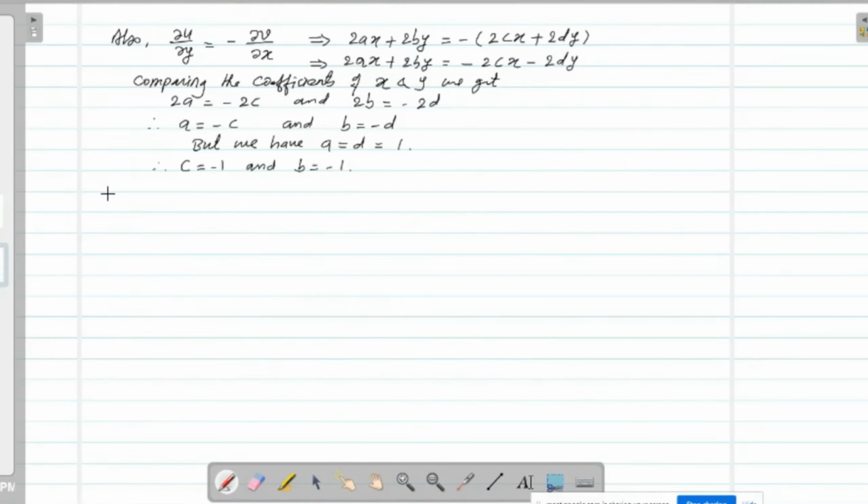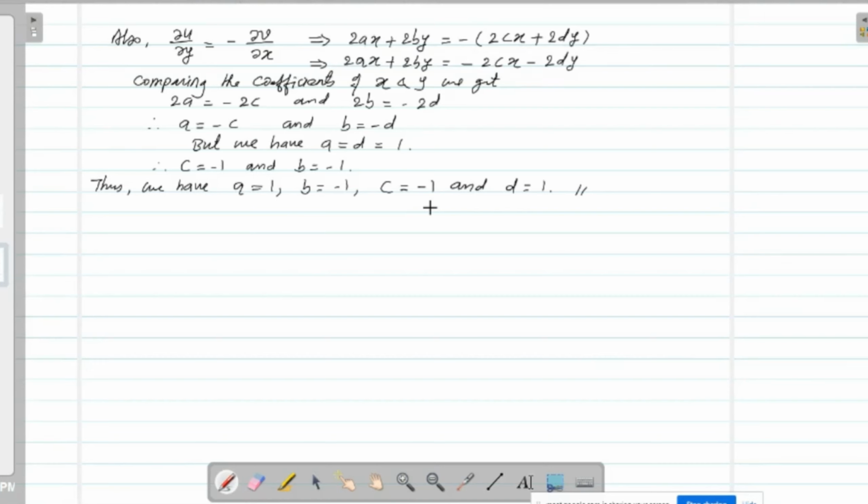Thus we have a equal to 1, b equal to minus 1, c equal to minus 1, and d equal to 1, which are the required values of a, b, c, and d.